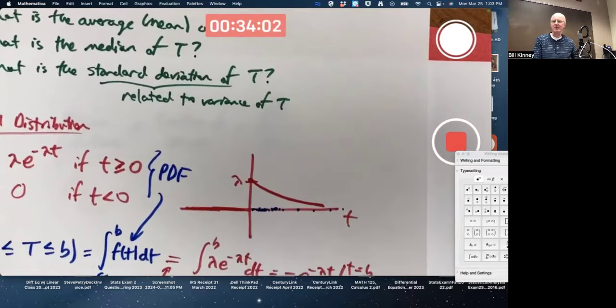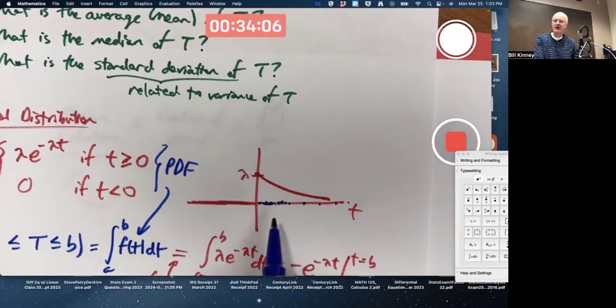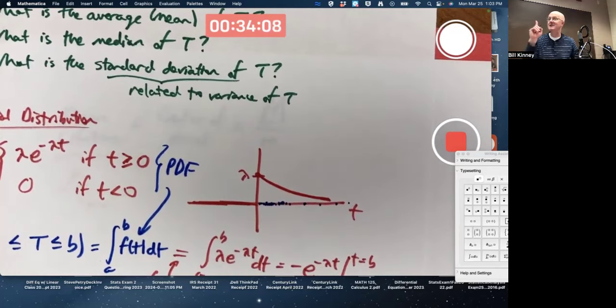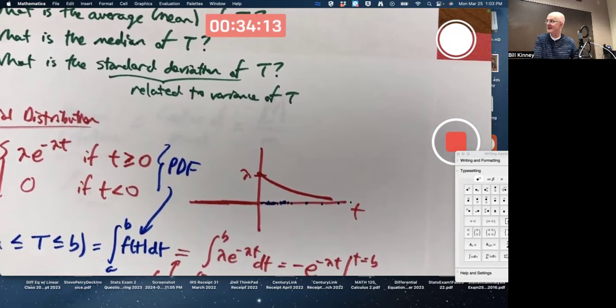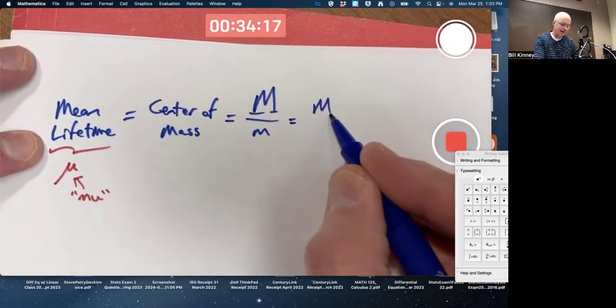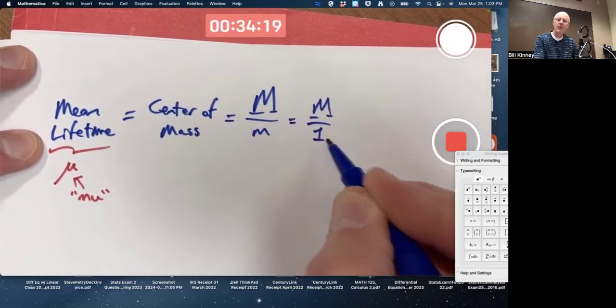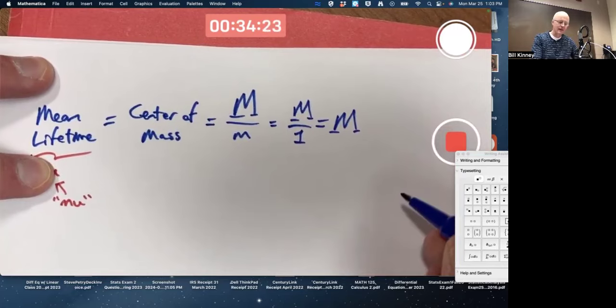A thin rod of probability, right? Not an actual physical thin rod. Since the integral of the PDF is 1, its mass is 1, because you integrate densities to find masses. And the density integrates to 1. It's capital M over 1. Just capital M. The moment.